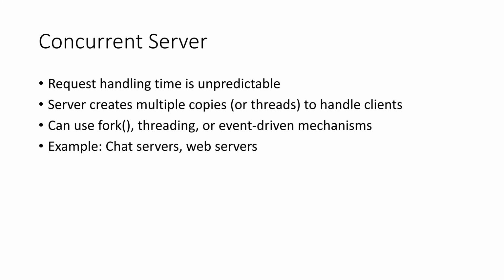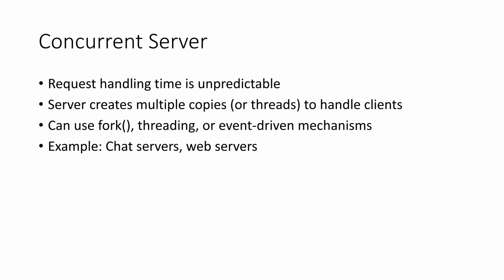Now, when client requests can take an unpredictable amount of time, like in a chat app or web server, we use concurrent servers. Here, when a client connects, the server creates a new process or thread to handle that client, while the main server continues listening for new connections.